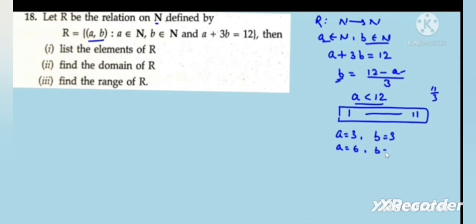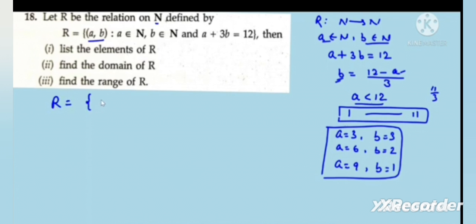Similarly we find the ordered pairs following this condition. If a is 3, b is 3. Put a as 6, we get b as 2, and a is 9, then b is 1.